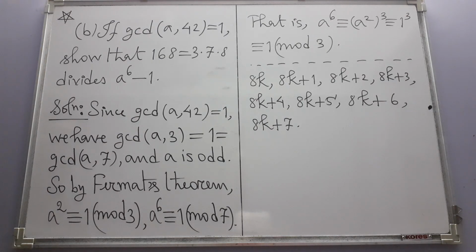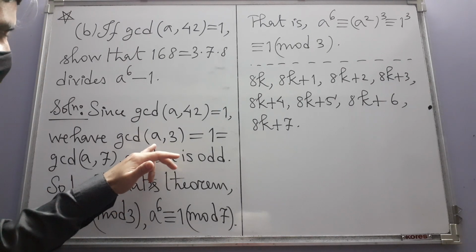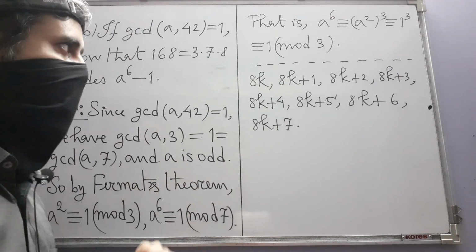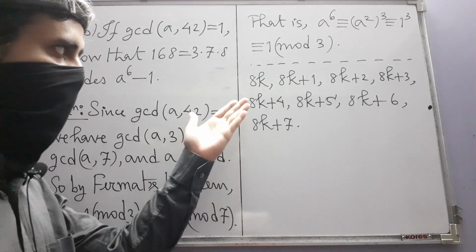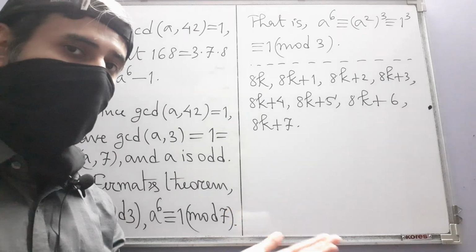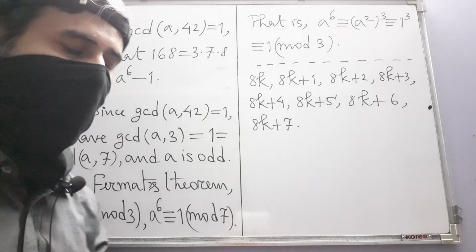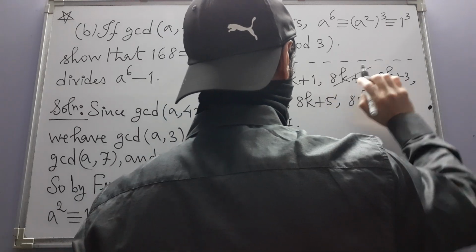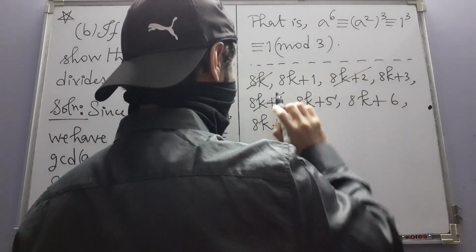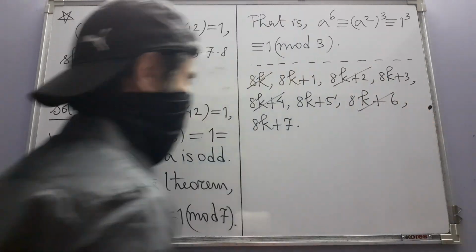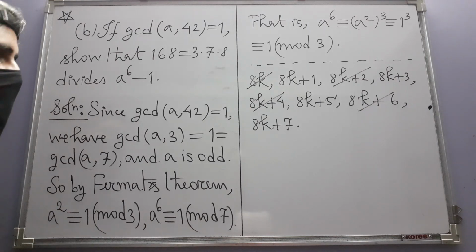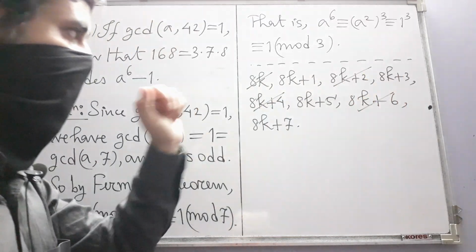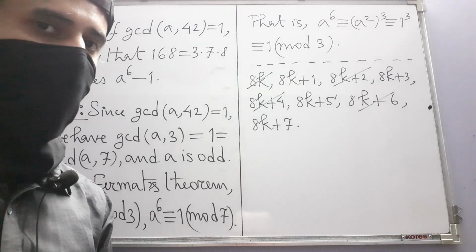Now, we want to know what type of number A is. It is given that A is odd. So from these forms, we can already rule out those that are even. That means A cannot be of this form. A can't be 8k plus 2 or 8k plus 4 or 8k plus 6. So it can still be one of these 4 remaining forms.